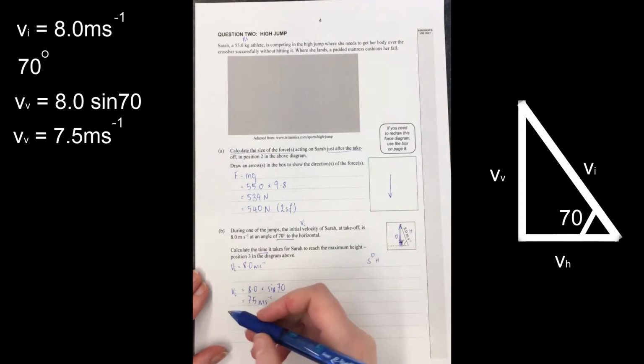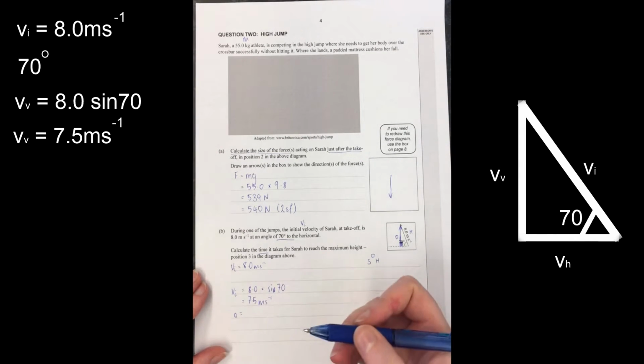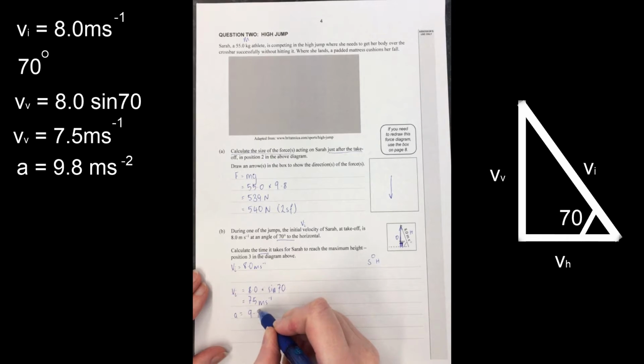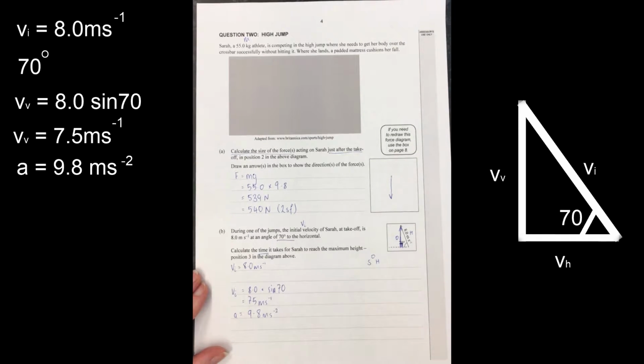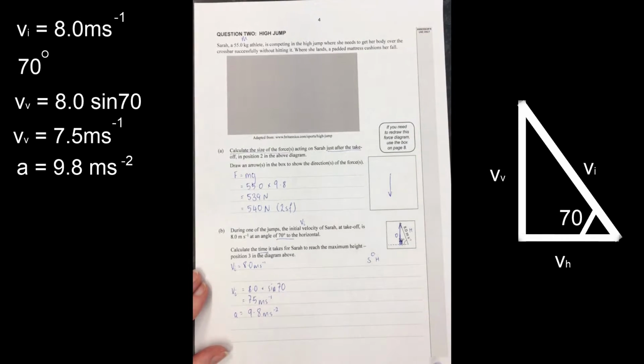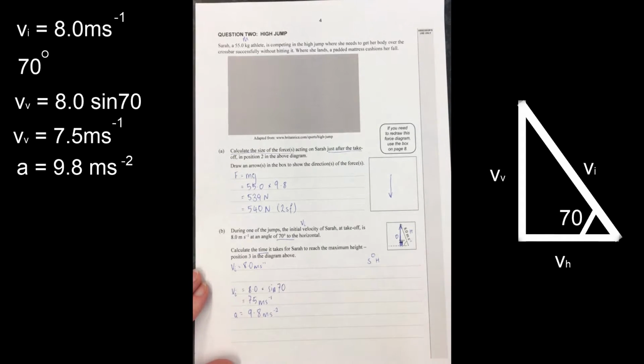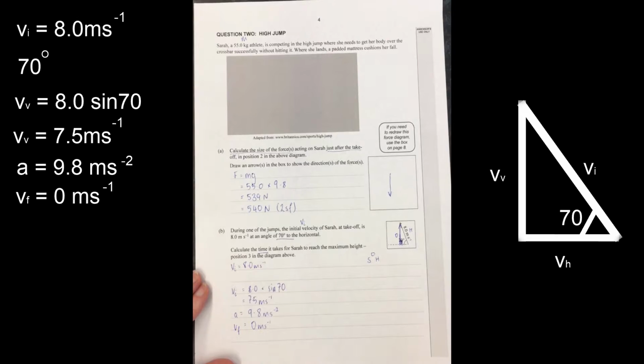Because we're in the vertical component, we have our acceleration, which is gravity, so 9.8 meters per second squared. Okay, we also have a final velocity. So remembering that at the very top of any projectile motion, just for that moment right at the top, the velocity is going to be 0 meters per second.